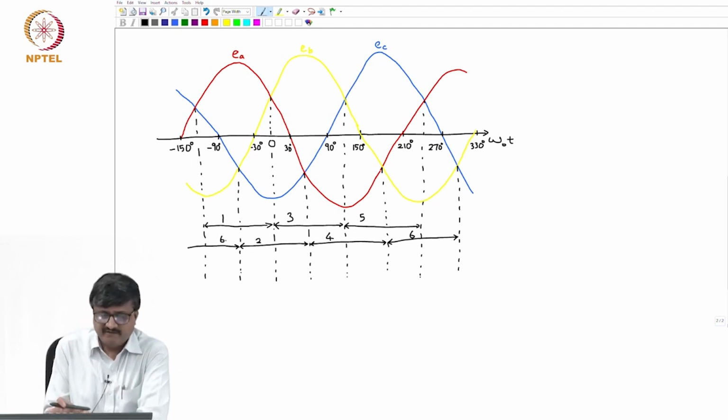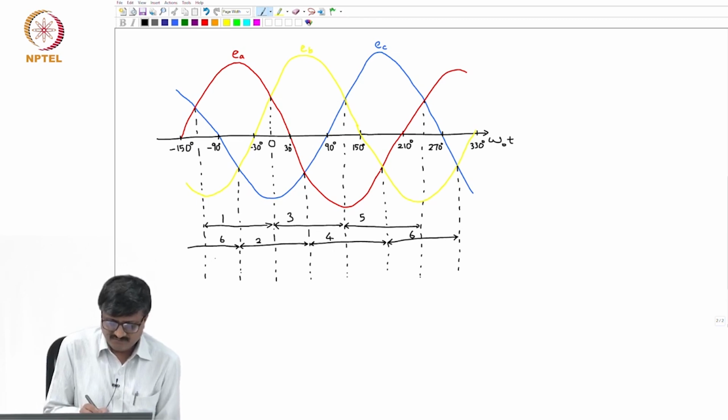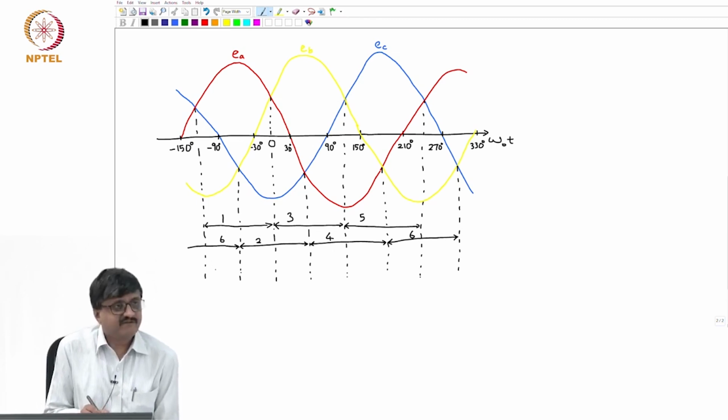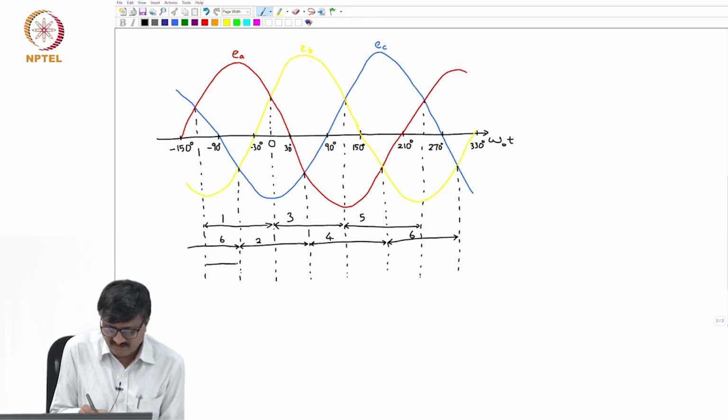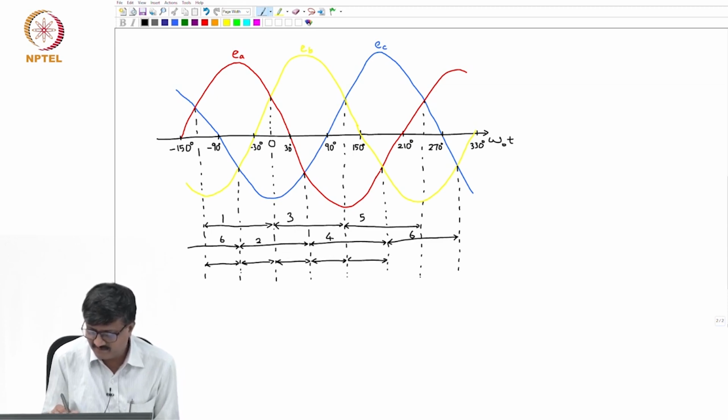Now, again I have covered one cycle. If you look at the durations for which either 2, 4 or 6 conducts, the total duration is 360 degrees. Now, what we will do is consider intervals of length 60 degrees. Suppose I take this or this or this, all these are intervals of duration 60 degrees.